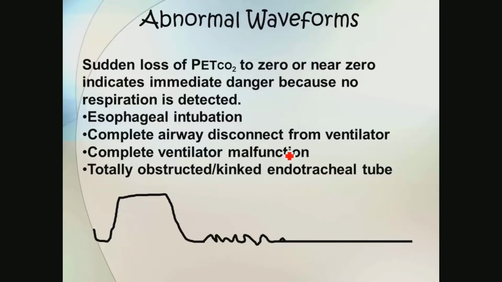Not a good thing. This is a situation where we need to immediately identify what the source of the problem is. It's where it goes immediately to 0 or near 0.